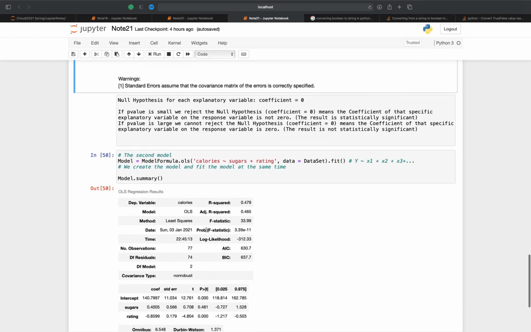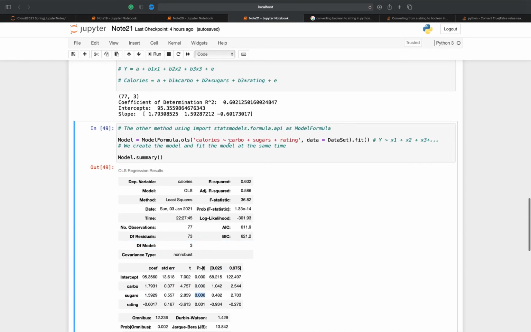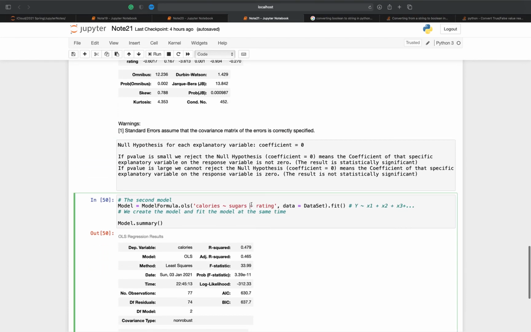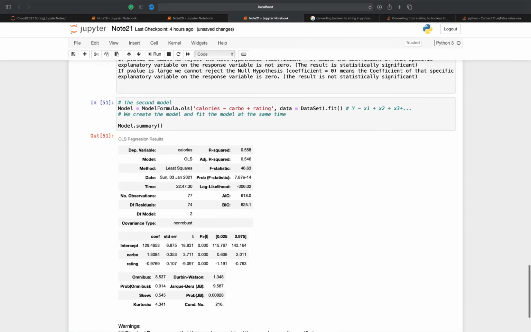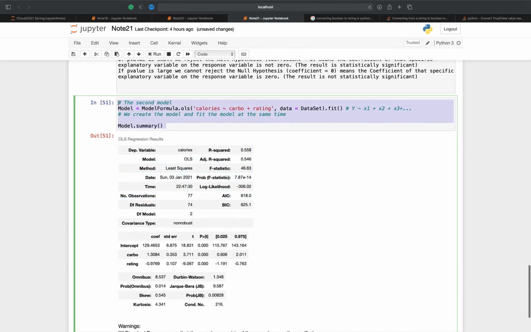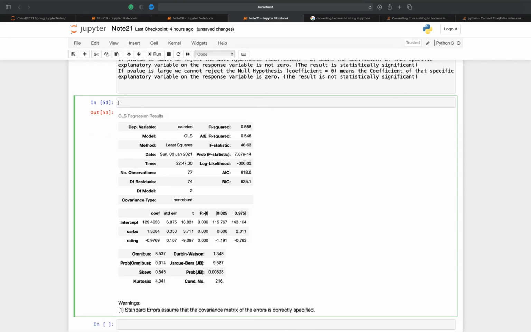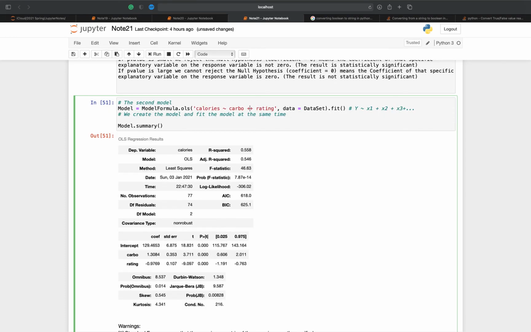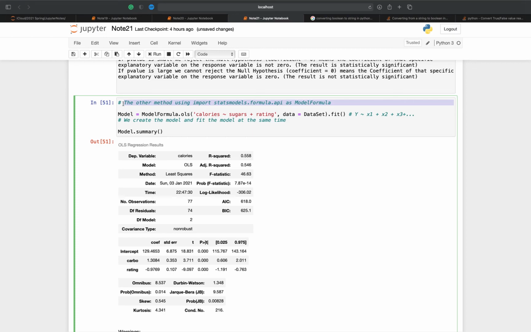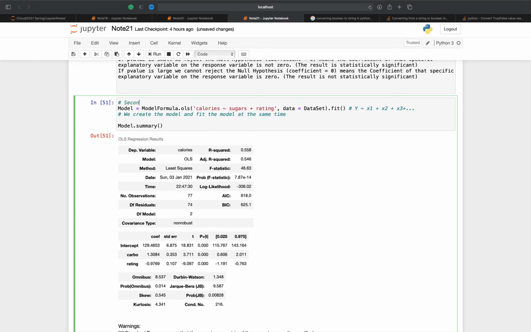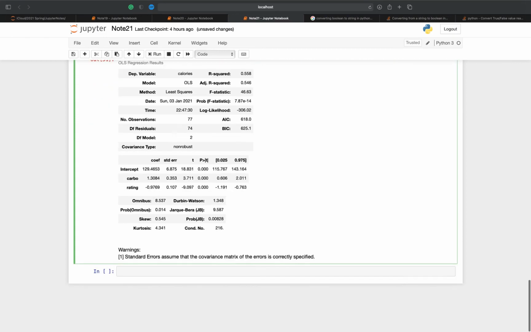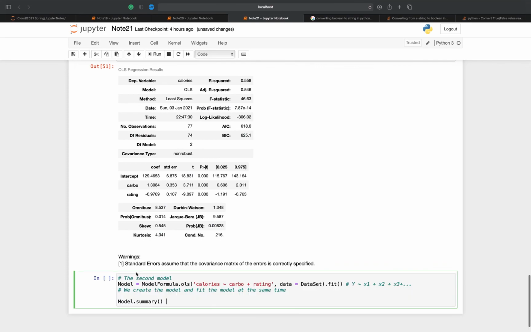So now let's do one thing. Let's keep the carb, remove the sugar, and see what happens. This is the second model, and now I want to create a third model.